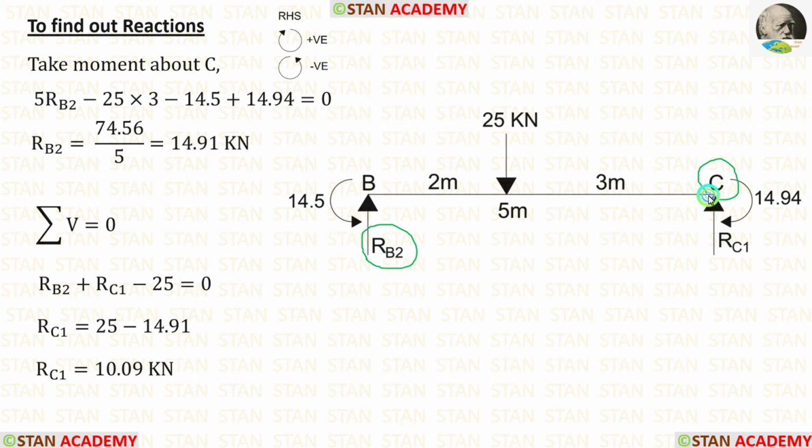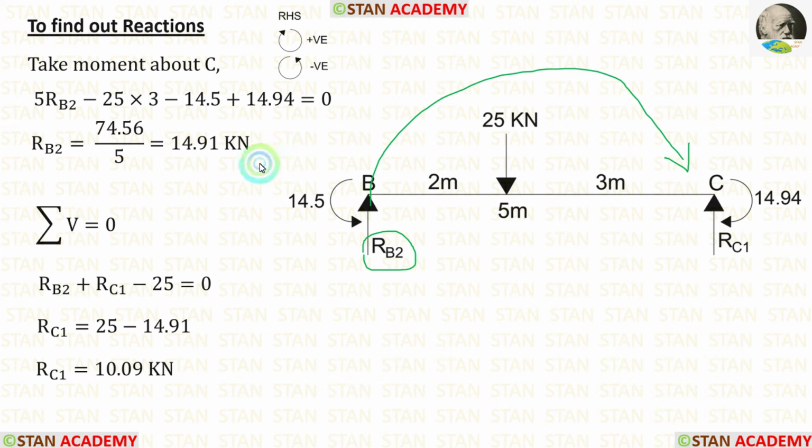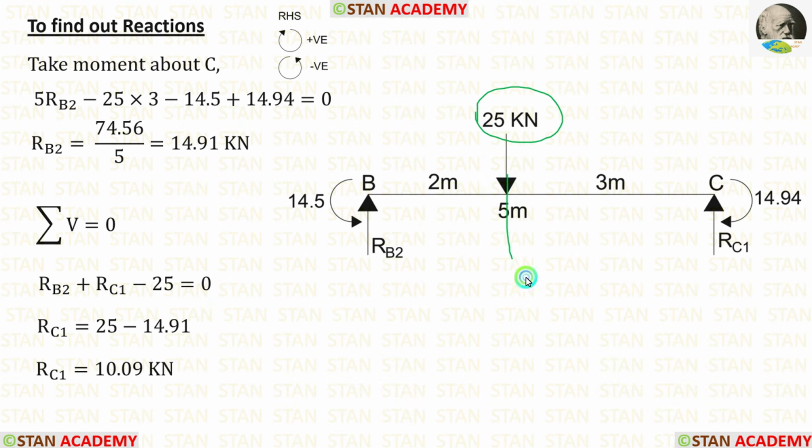For that, I am going to take moment about C. The vertical reaction RB2 is acting towards the point C in the clockwise direction, so it will be positive and the distance is 5. So 5 RB2. The point load 25 kN is acting towards the point C in the anticlockwise direction, so it will be negative and the distance is 3 meter. So minus 25 into 3.